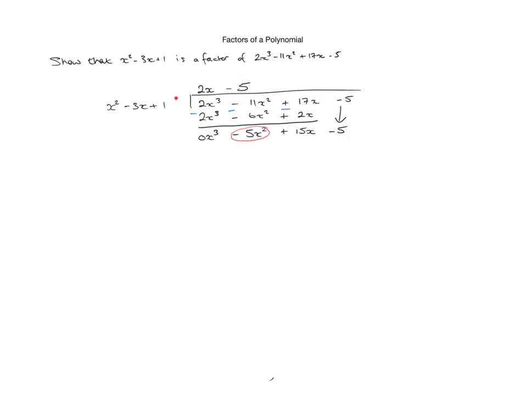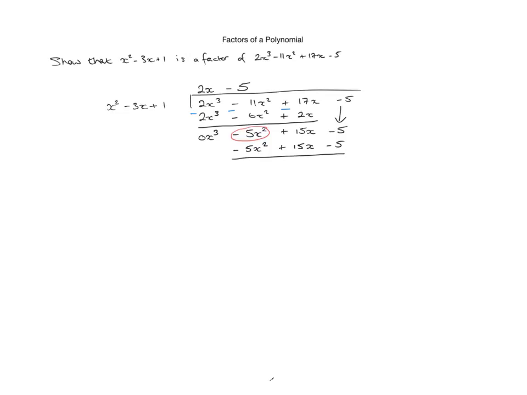So I have minus 5 times x squared, minus 5 times minus 3x, and minus 5 times plus 1. If I do that, I get minus 5x squared. Minus 3x times minus 5 is plus 15x. And minus 5 times positive 1 is minus 5.